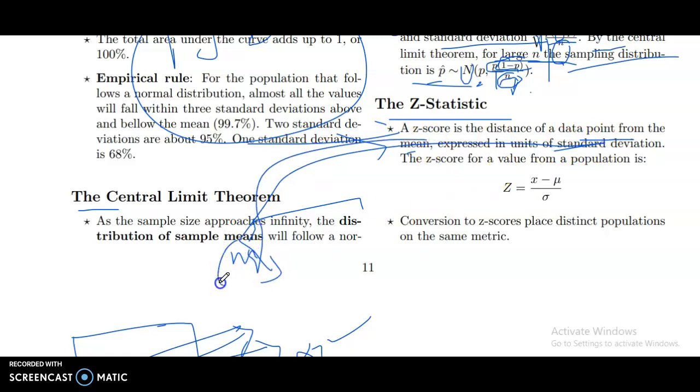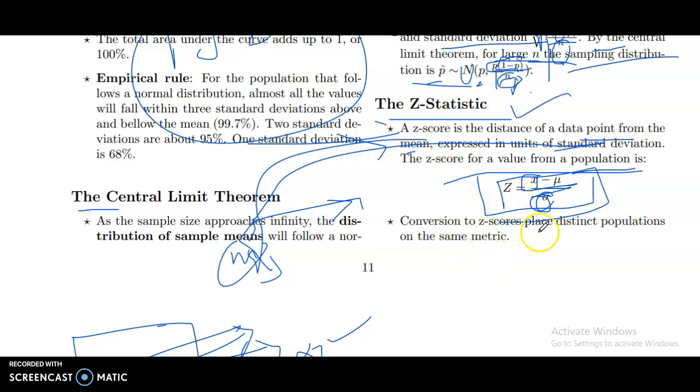The Z score for a value from a population is Z equal to x minus mu, divided by sigma.